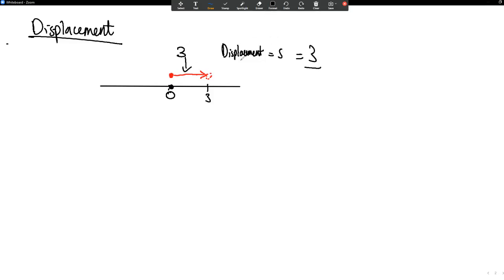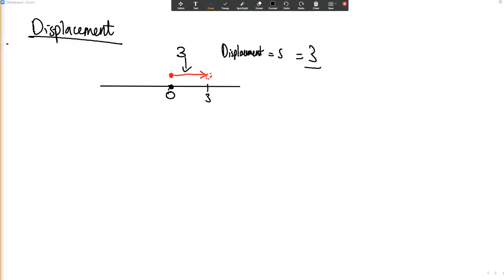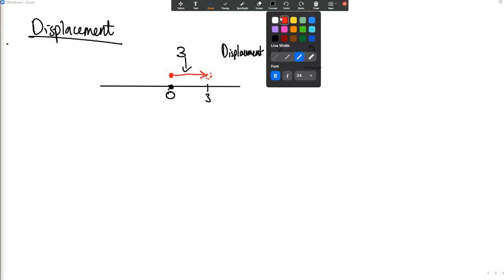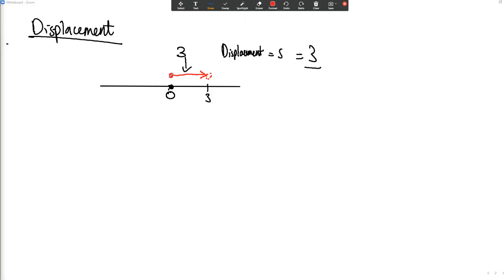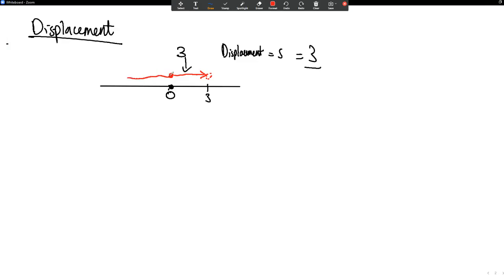So you might be wondering, what is the difference between displacement and distance? Because obviously if a particle moves 3 meters or whatever, that's also the distance. Well, the difference is that displacement can also be negative.